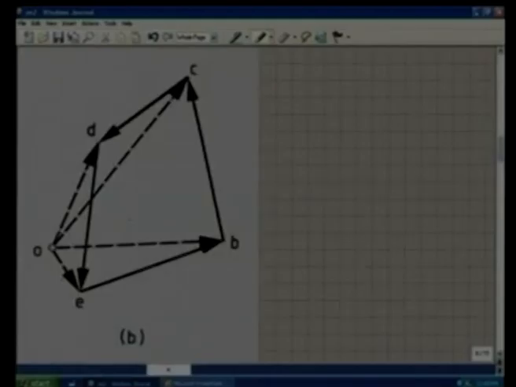If we draw the velocity diagram, we know there is something called velocity pole, and this O is the velocity pole.